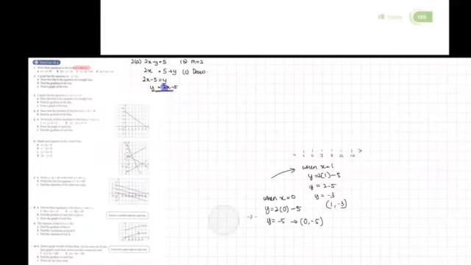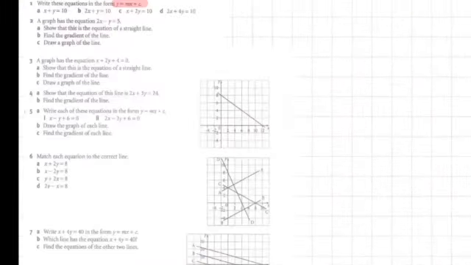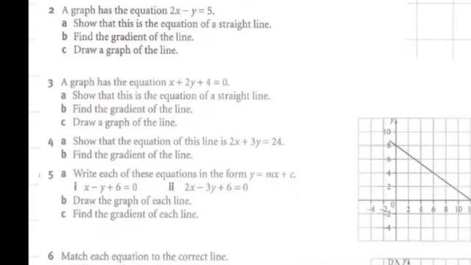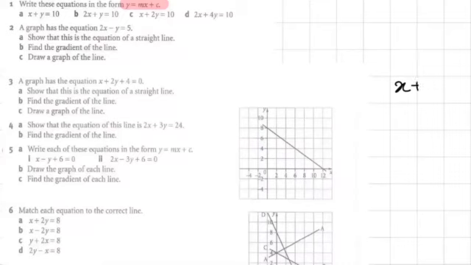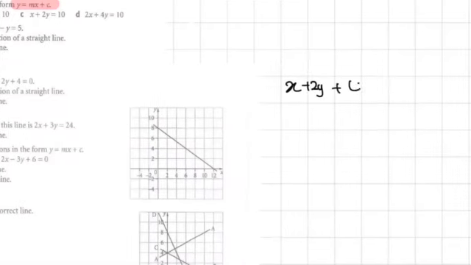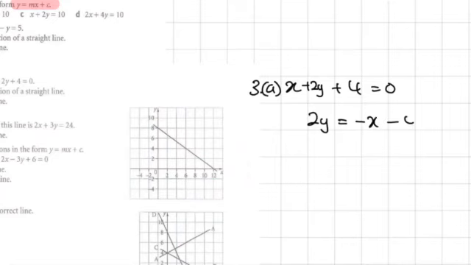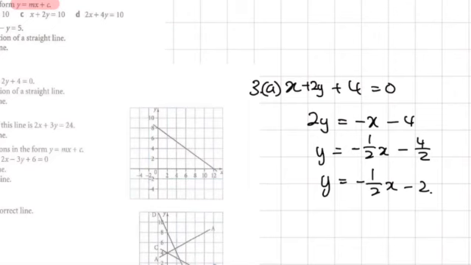For number 2, let's look at number 3. A graph has an equation of x + 2y + 4 = 0. Show that this is the equation of a straight line, so x + 2y + 4 = 0.